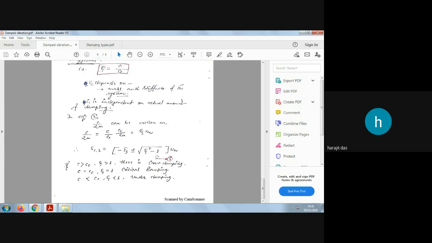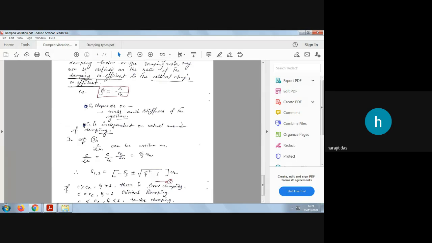Understood? So basically there are three conditions that we generally take in damped vibration. Zeta is the ratio between c and cc. If c is greater than cc, meaning the damping coefficient is greater than cc, then zeta will be greater than 1, because the numerator is greater than the denominator.